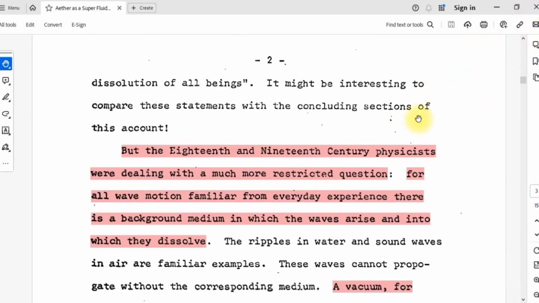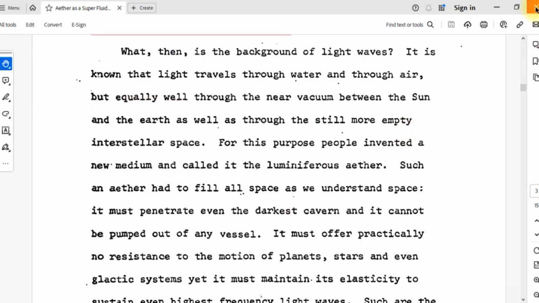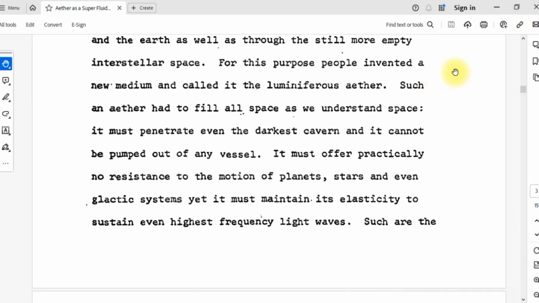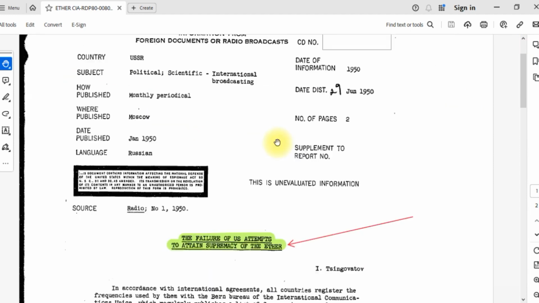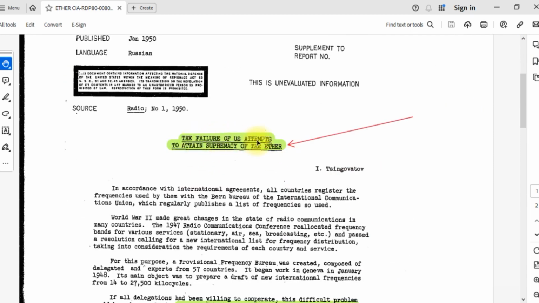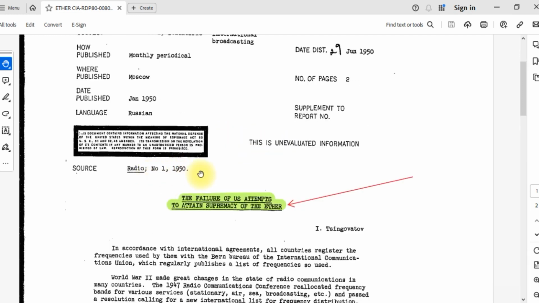The firmament and the Aether, flat Earth, in official hidden documents that we didn't have any access to until the Freedom of Information Act. The last one here for today, this CIA document, the failure of U.S. attempts to attain supremacy of the Aether, 1950.